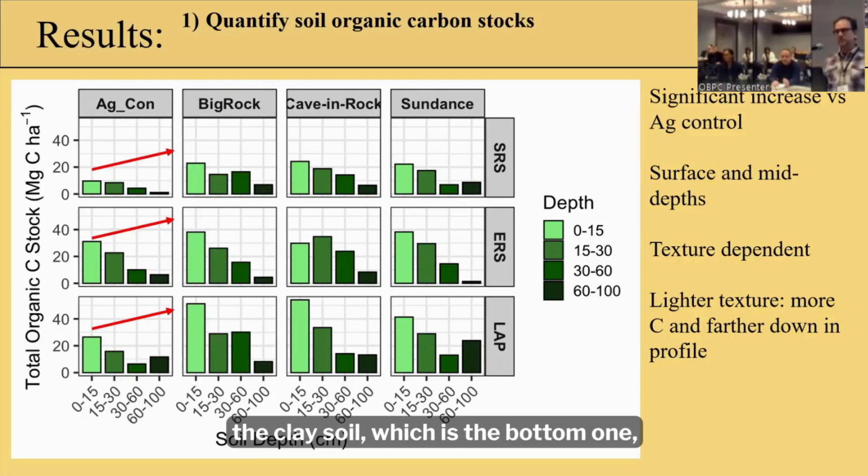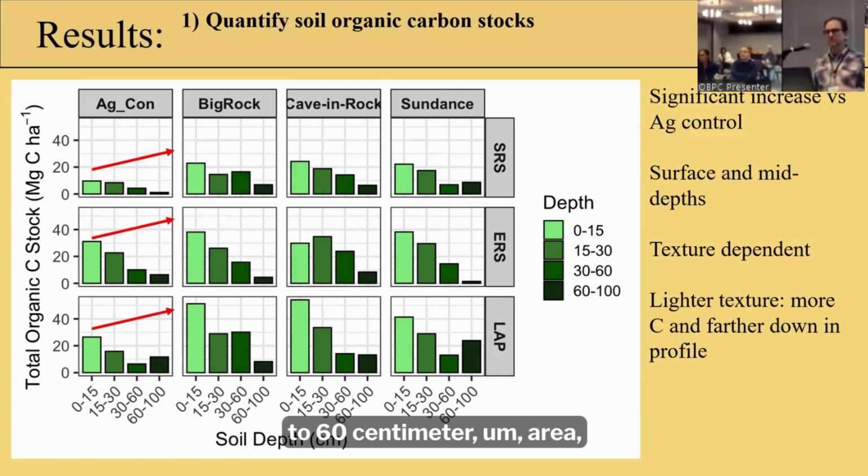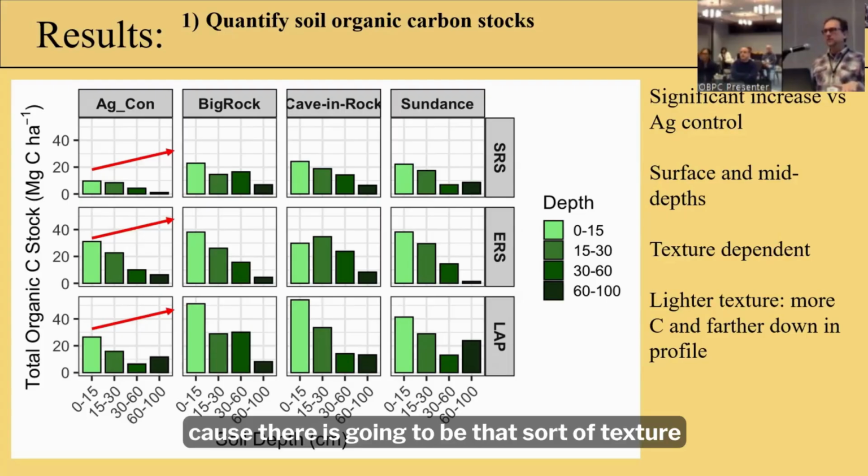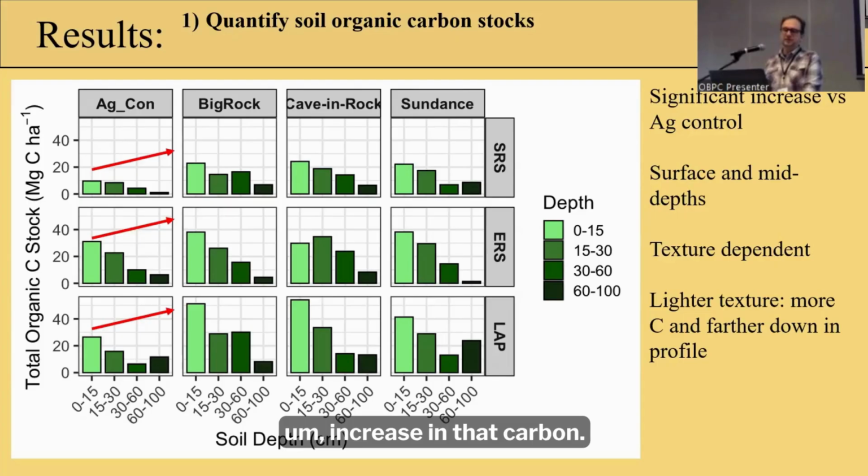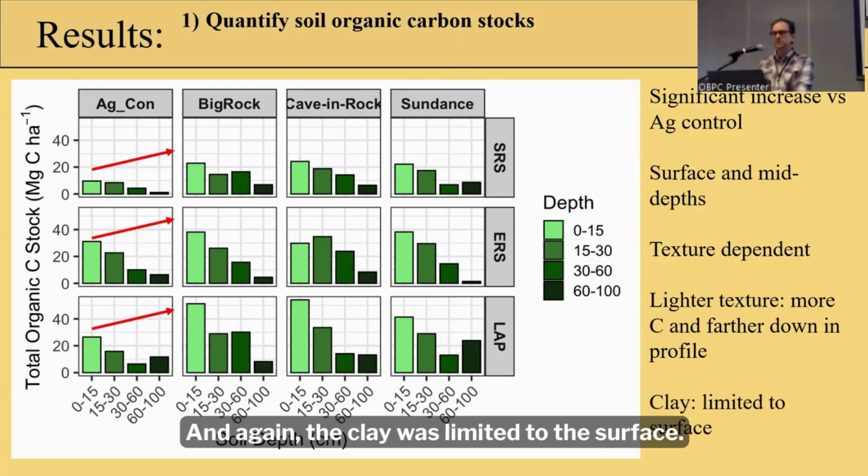The clay soil, which is the bottom one, La Pocatière, the carbon increase happened, but not any much farther down than the 30 to 60 centimeter depth. I find this to be really important because there is going to be that sort of texture related increase in that carbon. And again, the clay was limited to the surface.